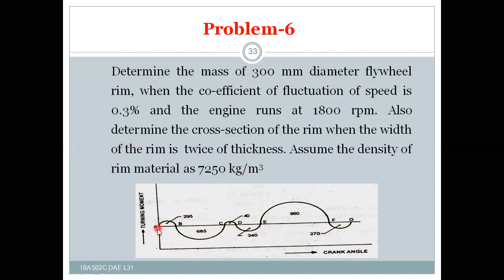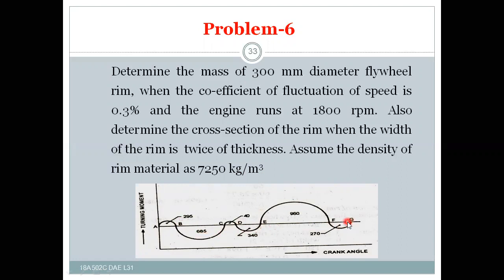Let energy at point A is equal to E, and energy at point B is equal to E plus 295, and energy at C is equal to E plus 295 minus 685, and at D and so on. If you go on, at point G, energy should be E only.